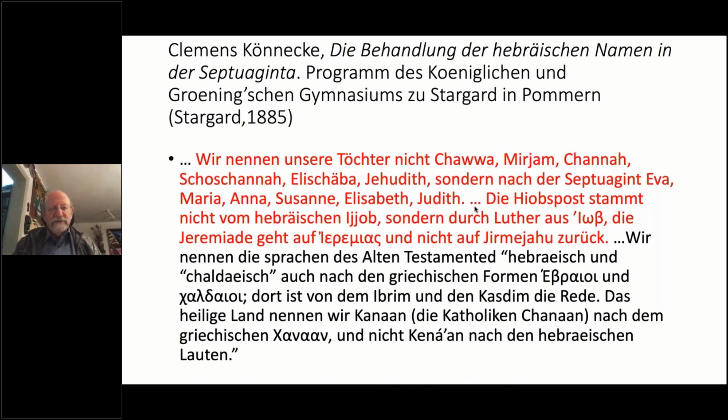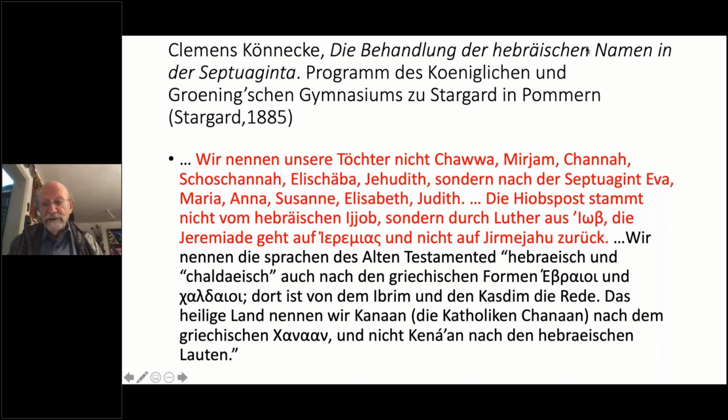Next is a dissertation from 1885. And this person, Kunneke, says, in Germany we don't call our daughters with the real names that they have, not Chava, that's the name in the Old Testament, Miriam, Hannah, Shoshana, Elisheva, Judith, but we call our daughters in Germany Eva, Maria, Anna, Susanna, Elizabeth, etc. Why does he say this?